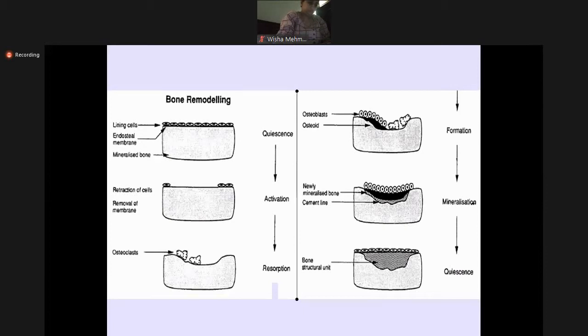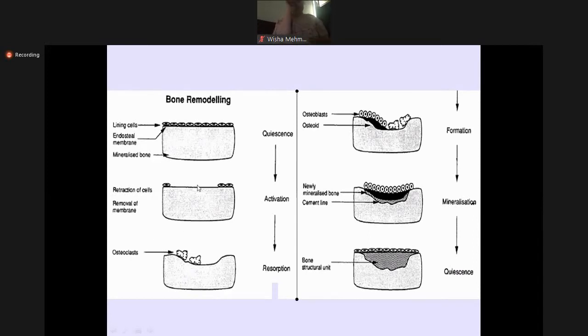Secondly, the lysosomal enzymes are activated at this pH. That is, at pH 4, the lysosomal enzymes get activated. By this activation, the activated enzymes digest or dissolve the collagen.